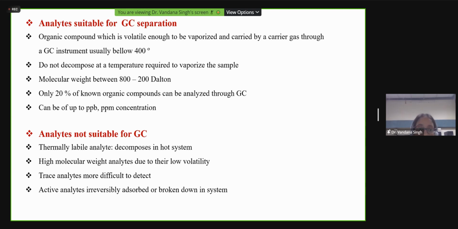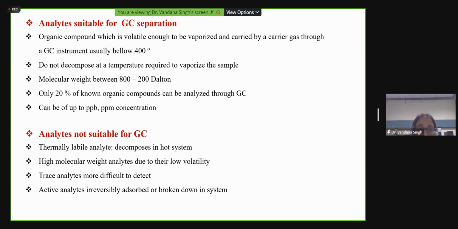So, as we have also briefly discussed, injection of the sample can be split or non-split. So, this is the split outlet. So, in case of split injection, only part of the, so how is this sample loaded?